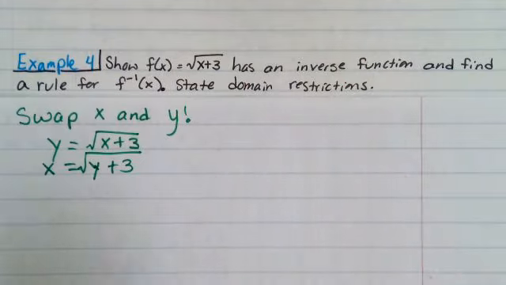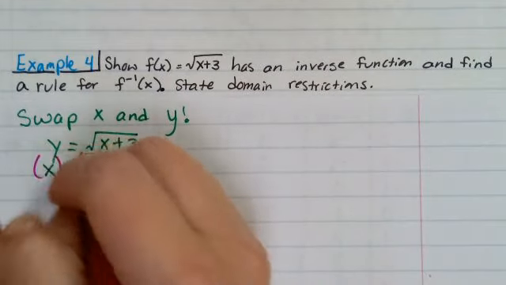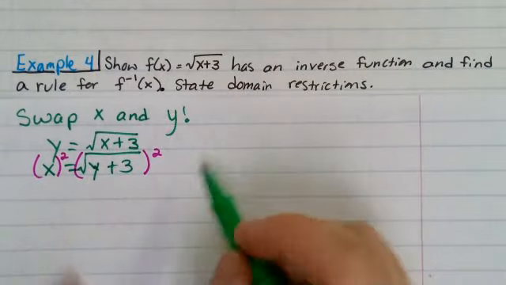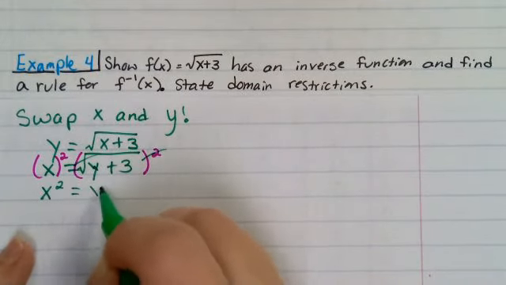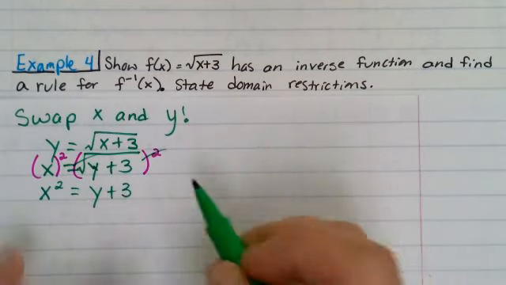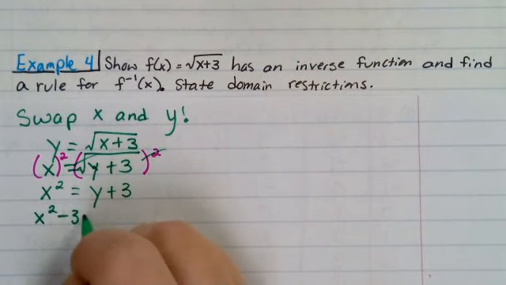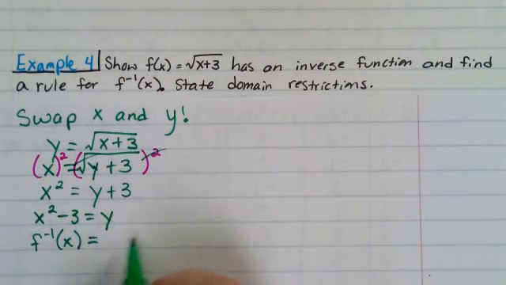To solve it, I need to get rid of the square root, so do the opposite and square each side. That cancels out and leaves you with x squared equals y plus 3. One more step, subtract 3 over, and that gets you y by itself. That is my inverse. f inverse of x is x squared minus 3.